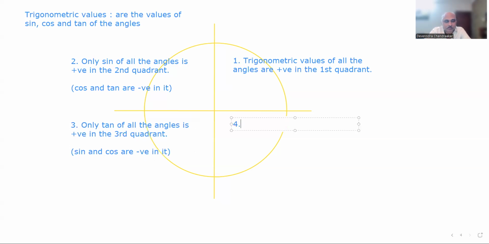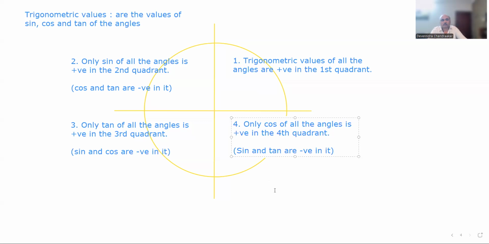Last में, only cos of all the angles is positive in the fourth quadrant. यहाँ पे sine and tan are negative in it, right?